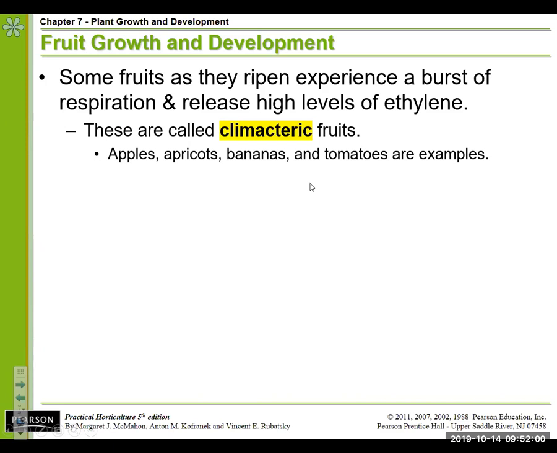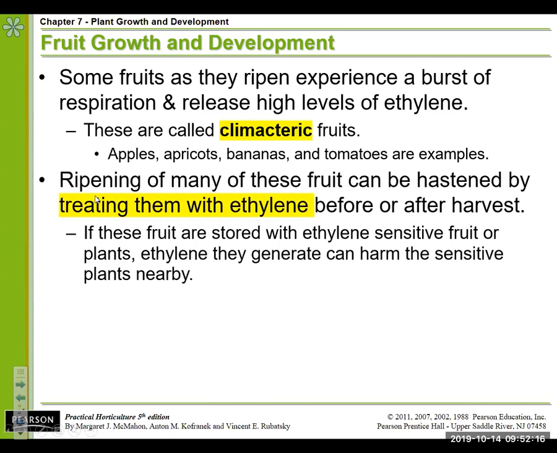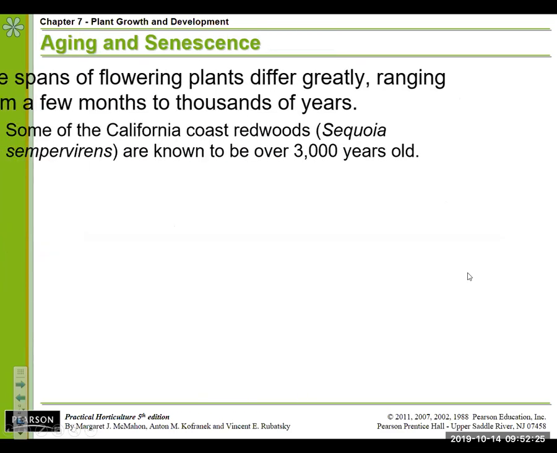There are different varieties that they're picking on the vine. They're not gassing them with ethylene, so they taste better. But the green fruits are more shippable, so that's the big reason why we're doing this. So we can also hasten them by treating them before or after harvest with the ethylene as well.